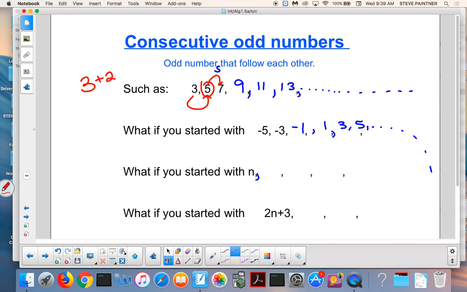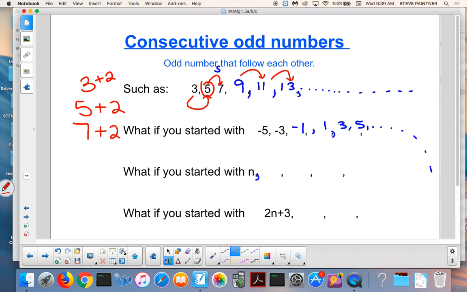5. How did I get from 5 to 7? 5 plus 2 gets me to 7. How do I go from 7 to 9? 7 plus 2 gets me to 9. How do I get to 11? Plus 2. How do I get from 11 to 13? Plus 2.